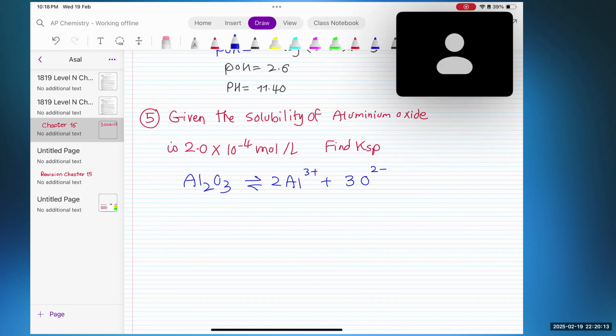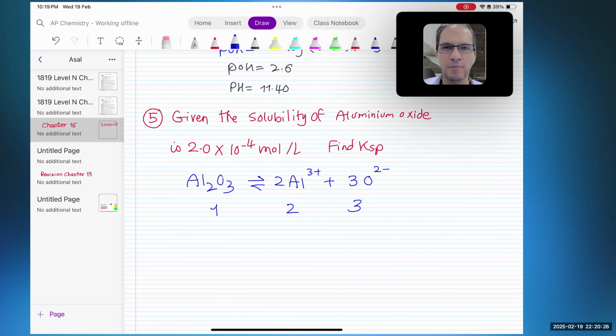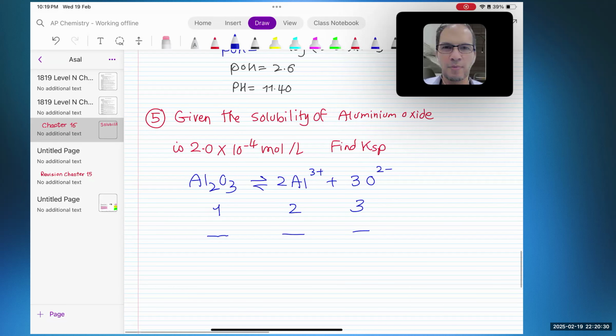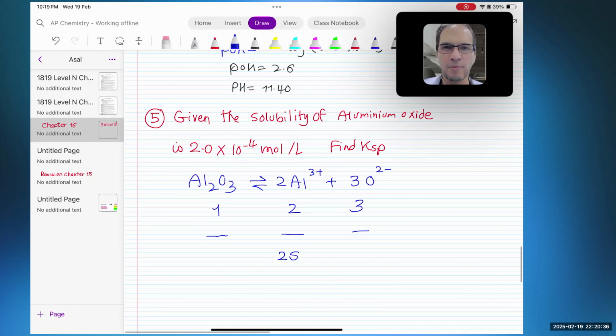Right, so this means the ratio is 1 to 2 to 3. I did not take this ratio with you and did not memorize it, so I'll still make the ICE table. The Ksp starts from nothing. This is 2s, and 2s squared because the coefficient is 2.